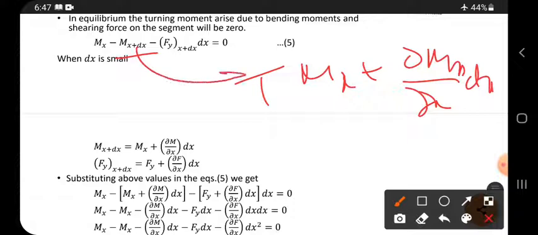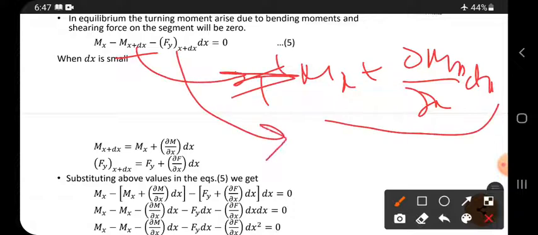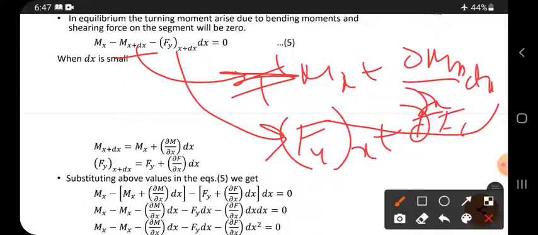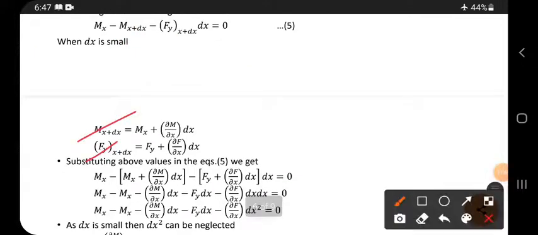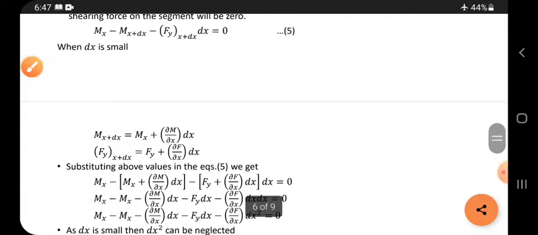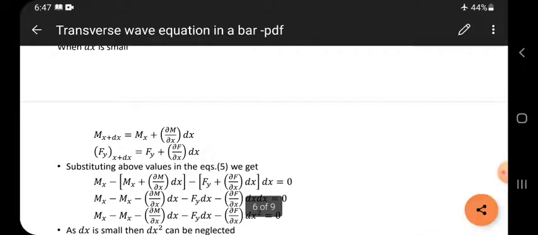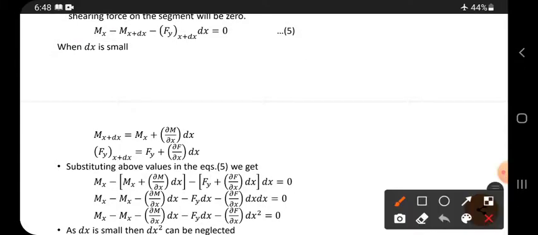According to the Taylor series, we expand like this. This can also be expanded: Fy at x plus ∂Fy/∂x into dx. Mx and Fy are separated. Substitute these two things here and here.